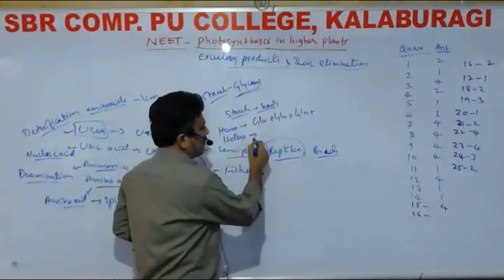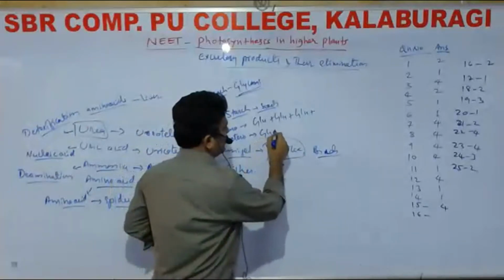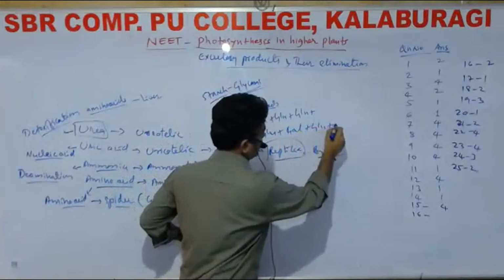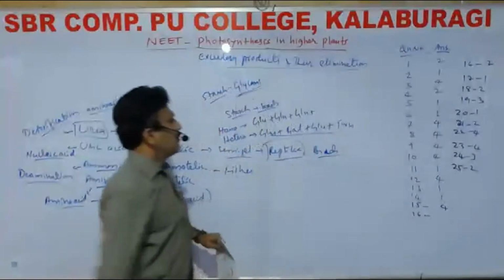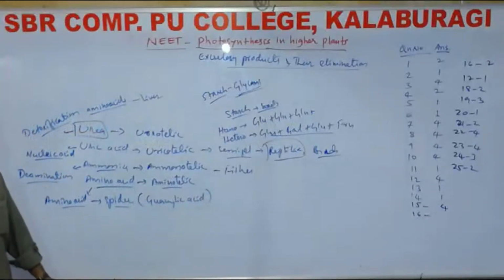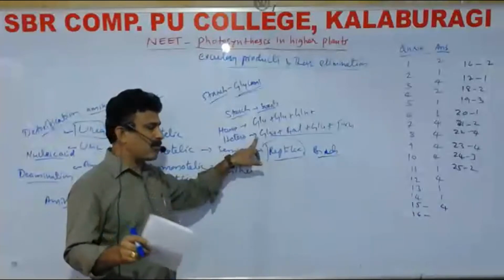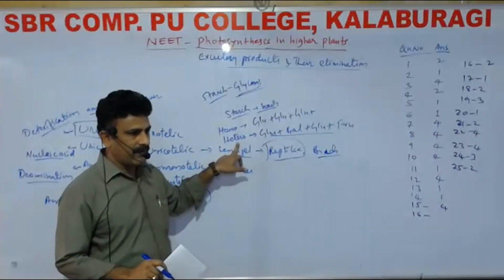Suppose it is made up of different sugar monomers, like glucose plus galactose plus glucose plus fructose. Many monomer units undergo the polymerization, condensation process, by which it produces one polysaccharide chain. Such type of polysaccharide chain is referred to as heteropolysaccharides. Okay.